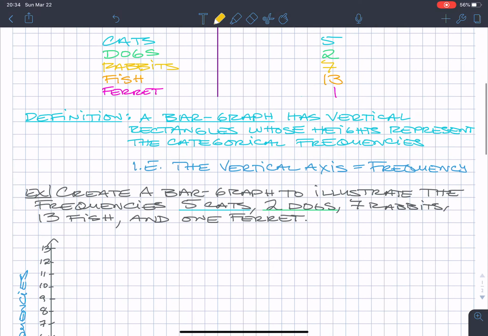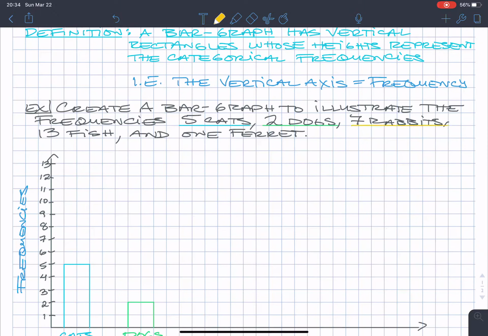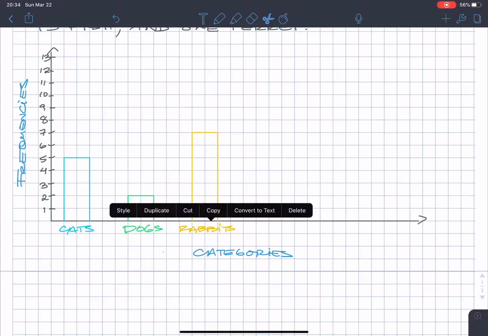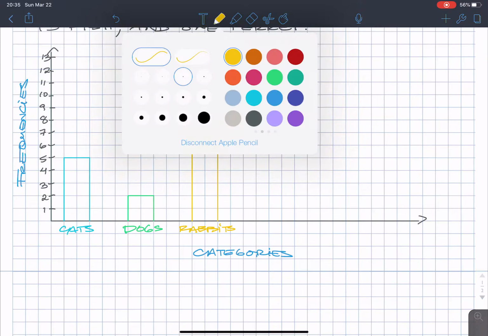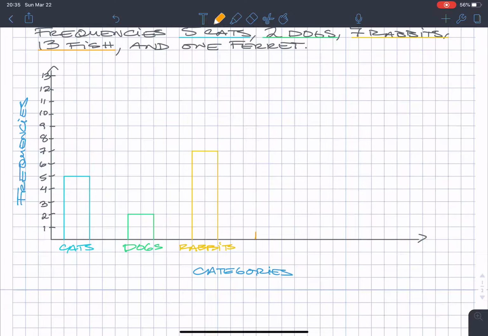Then I have, did I use yellow? Yes, I did. Okay, 7 rabbits. So now I'm going to go to the next category, and I'm going to have a rectangle of height 7. So rabbits. Then the next one will be 13 fish, which is why I needed my vertical to go all the way up to 13.